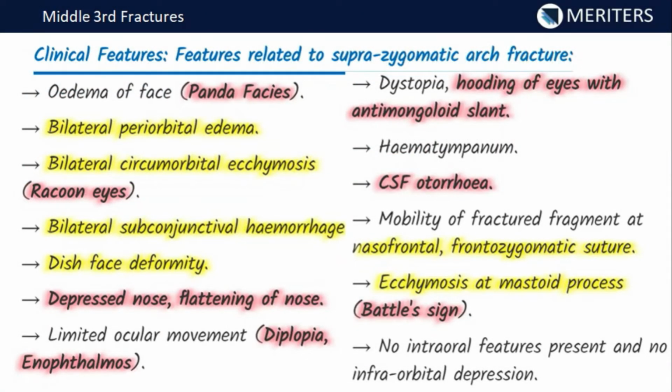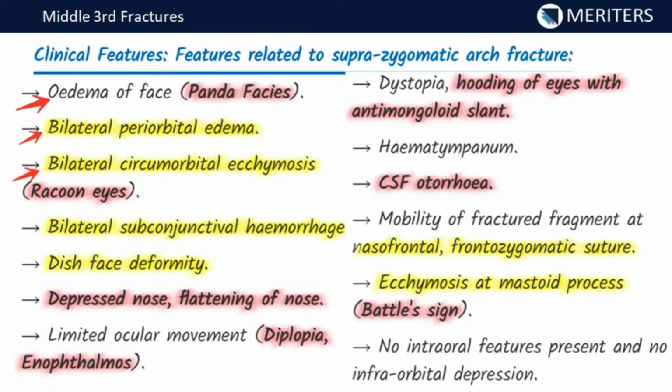Now coming to the clinical features of the supra-zygomatic arch fracture or the LeFort III fractures. First, the edema of face, and that gives the appearance of panda facies. Then we have bilateral periorbital edema, bilateral circumorbital ecchymosis, and that gives the appearance of the raccoon's eye.